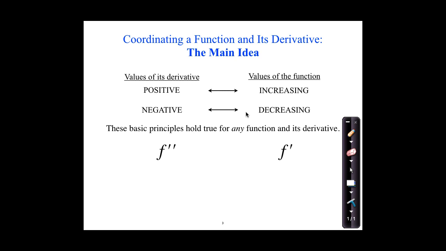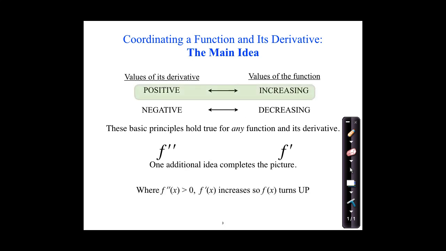So let me just show a couple of visuals that maybe go along with this. If I have a function that's increasing so that its derivative is positive, you can see here, where f double prime, the second derivative of something, is positive, this would indicate that the first derivative increases.